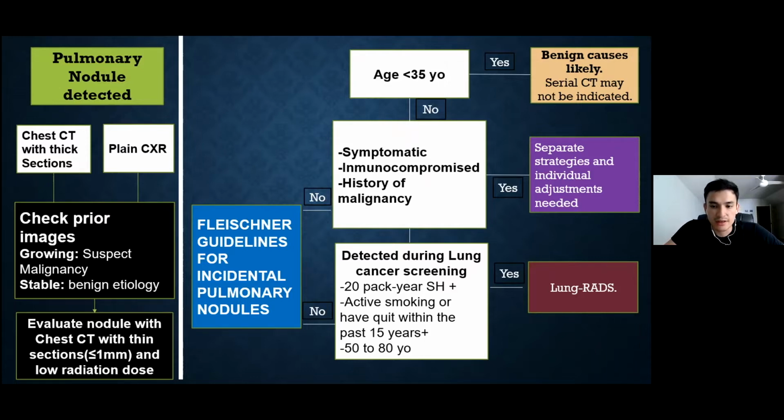Also, the nodules that are detected during lung cancer screening, which is indicated in patients with more than a 20 pack-year smoking history, active smoking, or having quit within the past 15 years, or patients between 50 to 80 years old, are evaluated with different criteria. That is Lung-RADS, which is not covered in this presentation. So it's important to know this before applying the Fleischner guidelines.